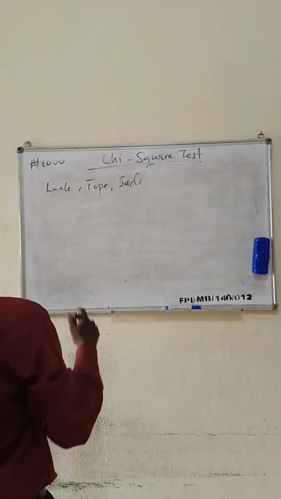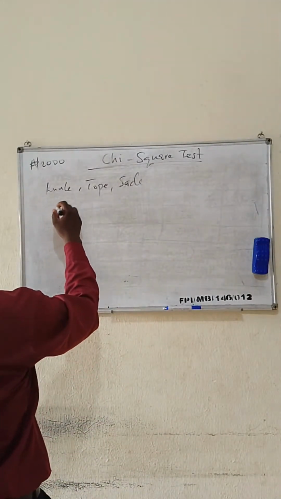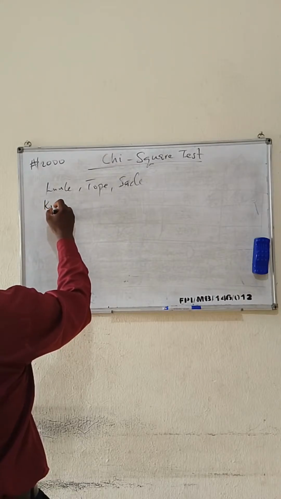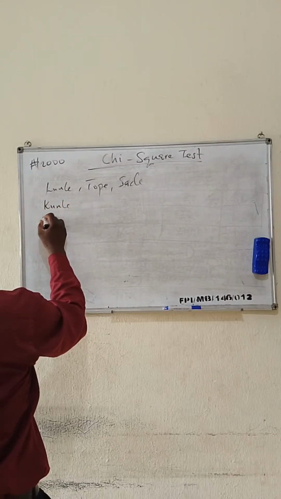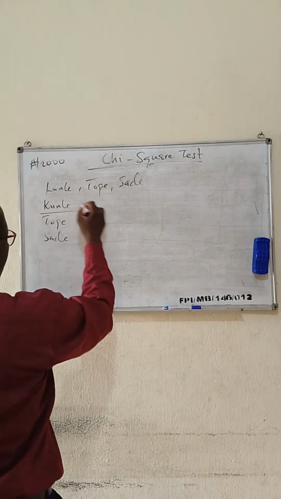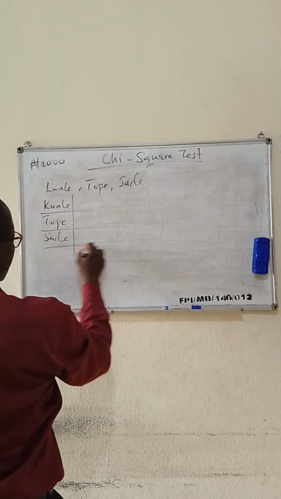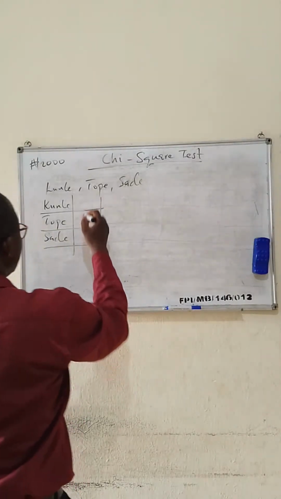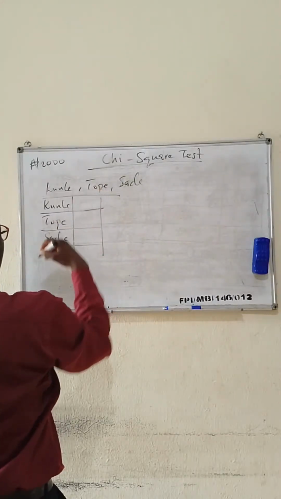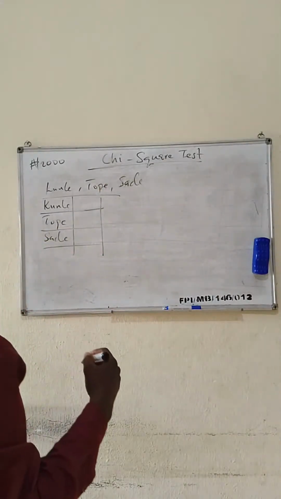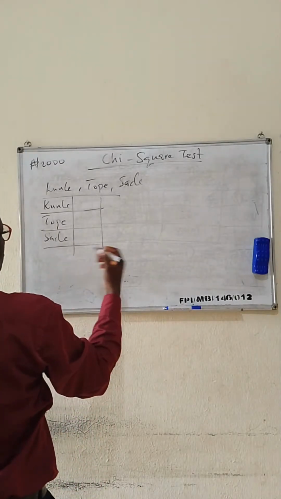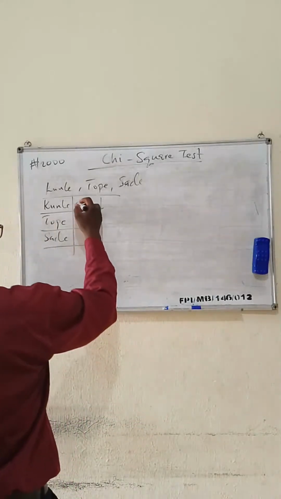When they share it, we now have a table this way: Kunle, Tope, Shade. Instead of sharing it equally, Kunle says he worked more for that man than the other people.